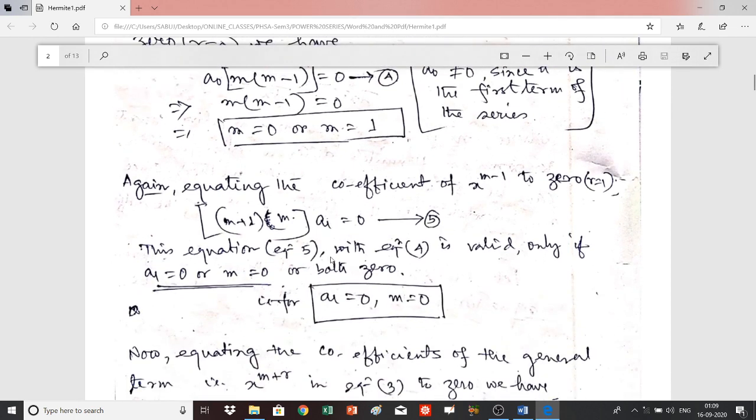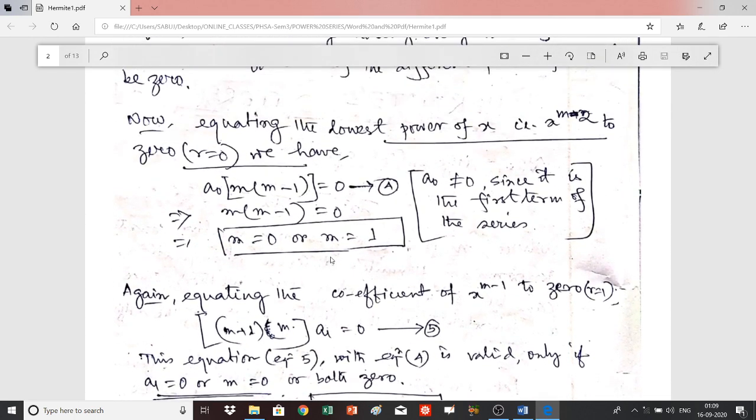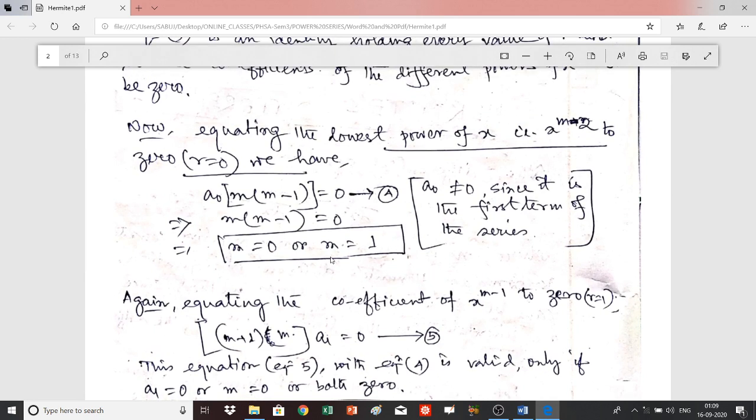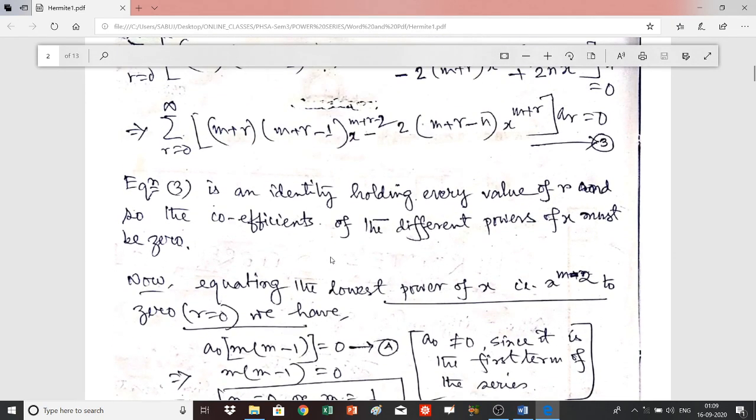Now again, equating the coefficient of x to the power m minus 1. To obtain the coefficient of x to the power m minus 1, you have to replace r by 1 in the second term.